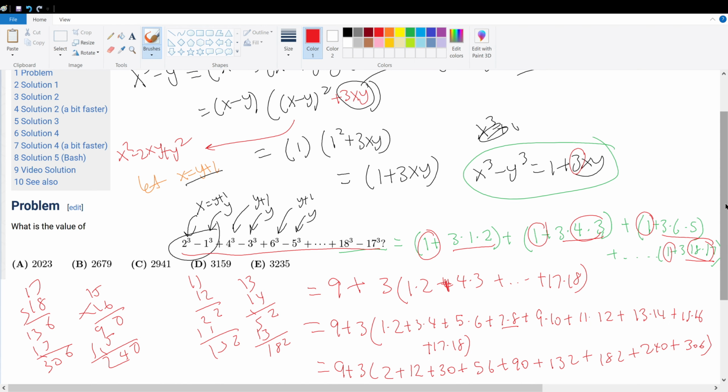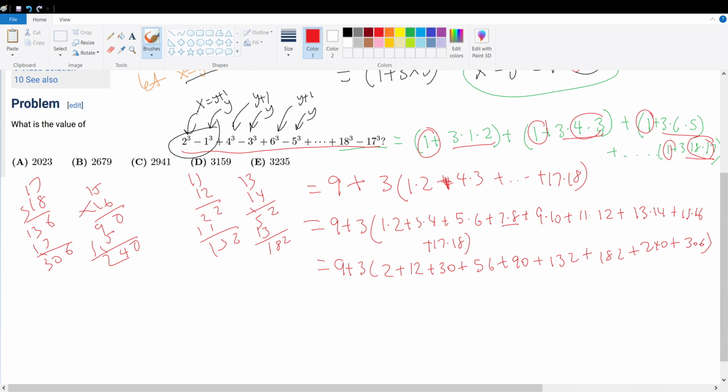Now let's continue simplifying. 9 plus 3 times 14 plus 86 plus 222 plus 422 plus 306, which is 9 plus 3 times 100 plus 604 plus 306.